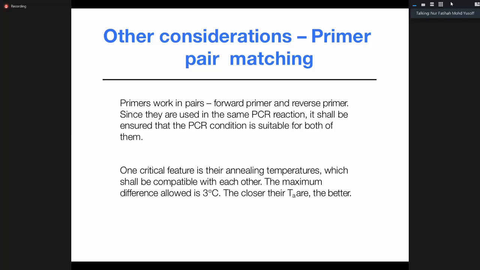Since they are used in the same PCR reaction, it shall be ensured that the PCR condition is suitable for both of them. So when you design the reverse and forward primer, make sure that the maximum difference of the melting temperature is up to 3 degrees. The closer the better.